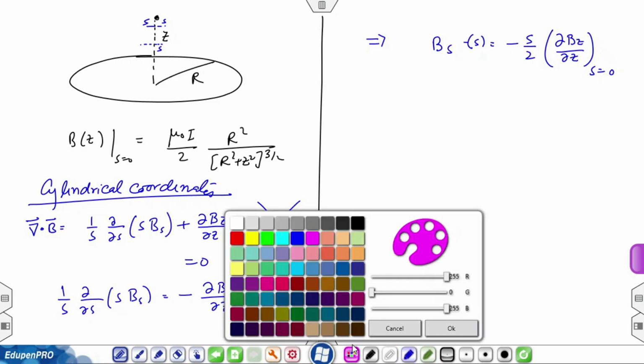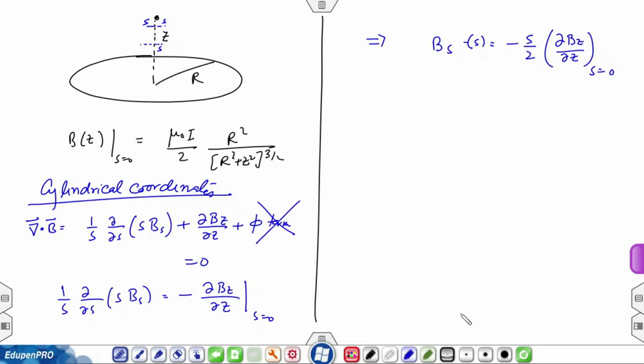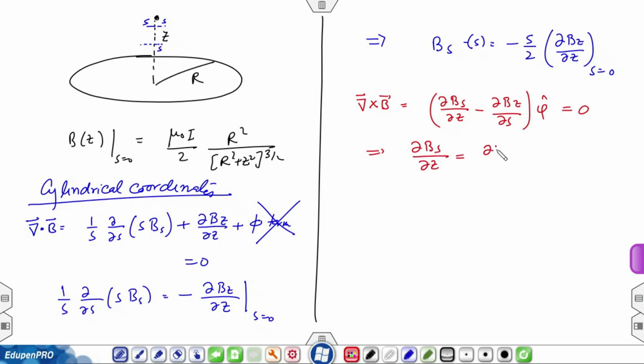Similarly, I can write the curl of B in cylindrical coordinates, and you will find that the only terms surviving are dBs by dz minus dBz by ds. All other terms go to 0. This is the phi component, and this is 0. This implies partial Bs by partial z is equal to partial Bz by partial s.